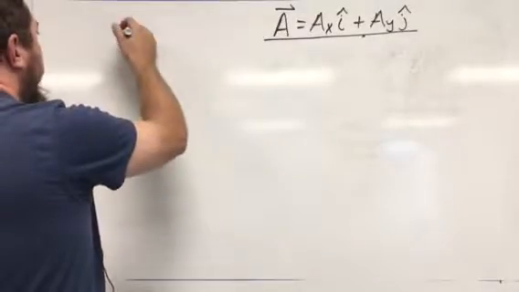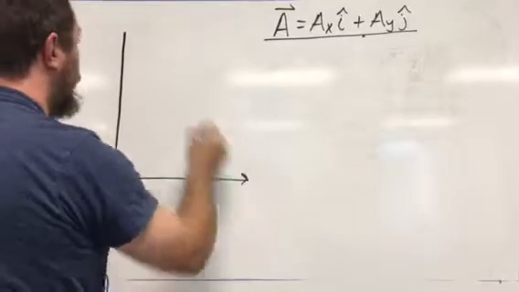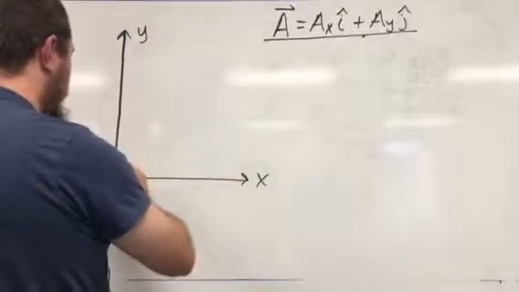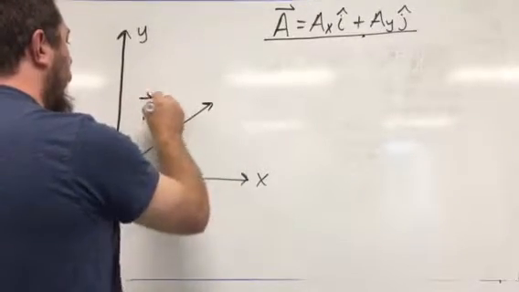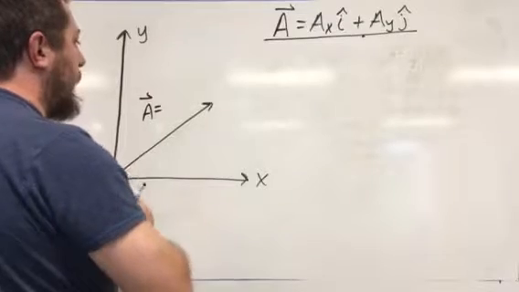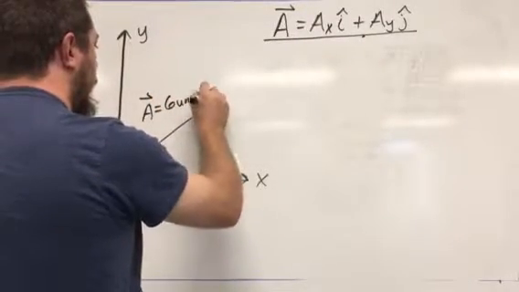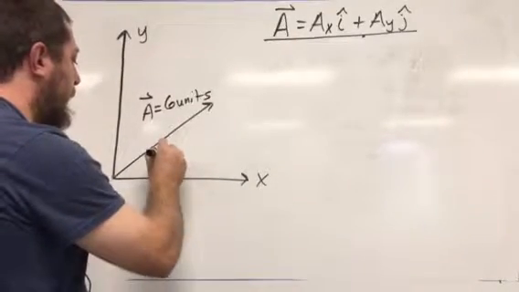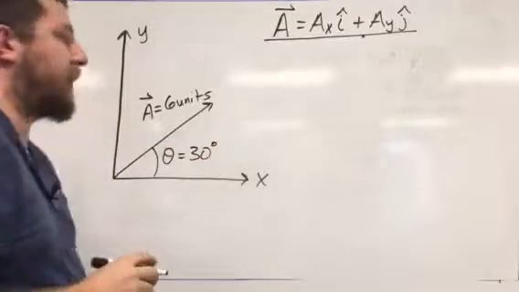So now let's say we're given the situation where we have our 2 axes, and I'm just going to draw a general vector here, and I'm going to specify that it's 6 units in magnitude. Okay, it has 6 units in magnitude, and it makes an angle with respect to the x-axis of 30 degrees.